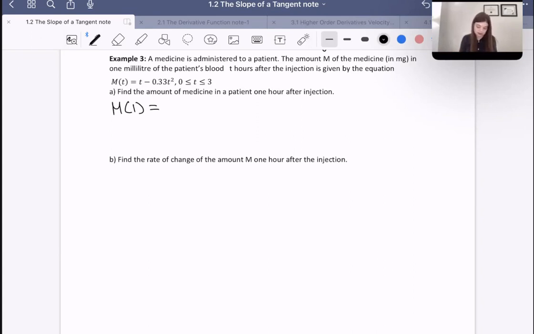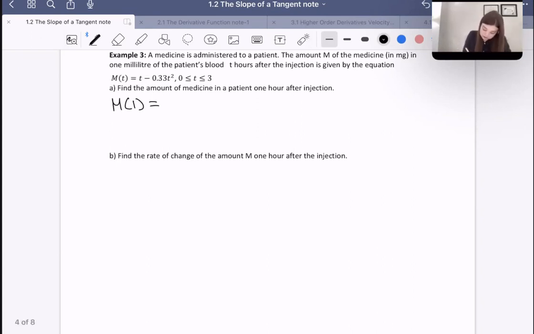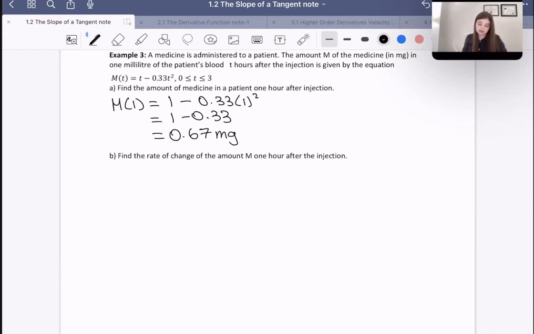So here we just need to find M of 1, which is equal to 1 minus 0.33 times 1 squared, which is equal to 1 minus 0.33, which is 0.67, okay? So that means 0.67 milligrams is the amount in the patient after 1 hour of injection.